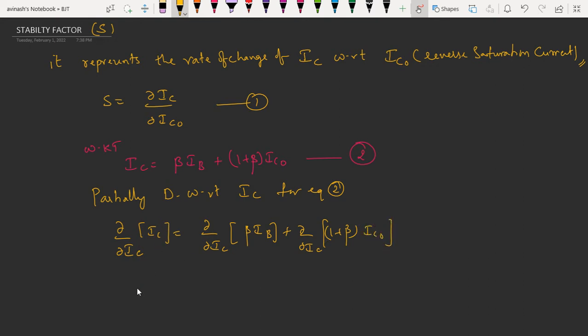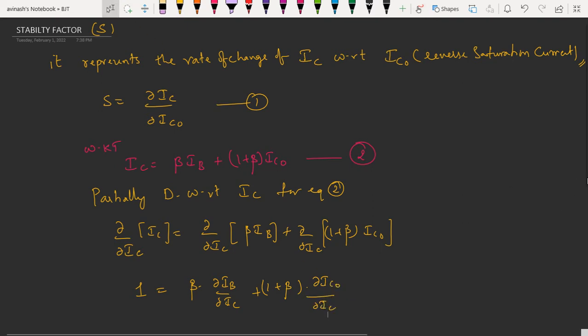What is this value? 1. So 1 is equal to beta times dou IB by dou IC plus (1 plus beta) into dou ICO by dou IC.